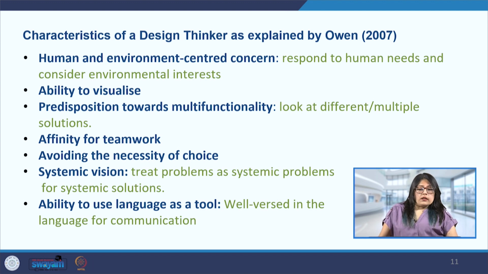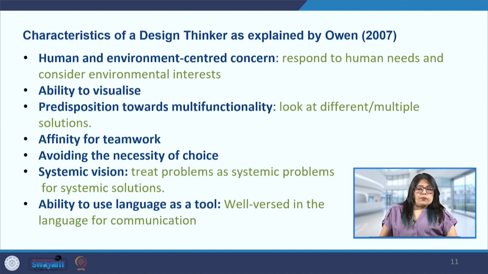So a design thinker has to keep a balance between the two and keep both of them in mind, because if we keep one in focus, then the other will fall back, and that is going to be detrimental. So we have to ensure that both are going on together.